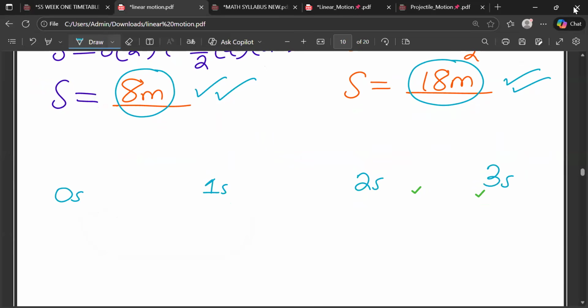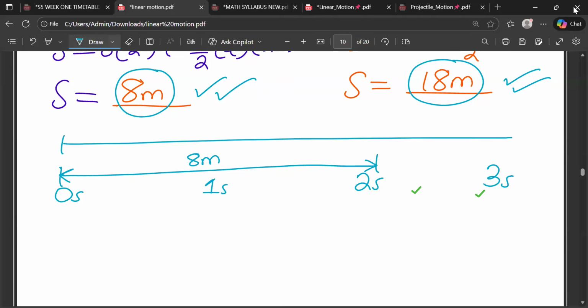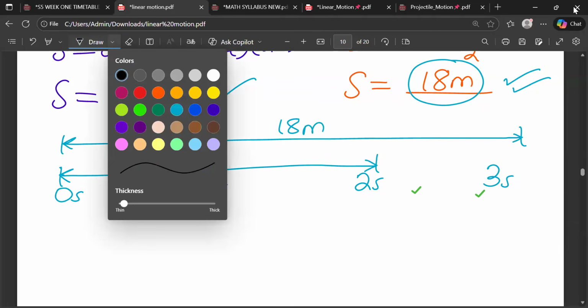You listen. They are telling us that after 2 seconds, the distance was 8 meters. Then after 3 seconds it was 18 meters.